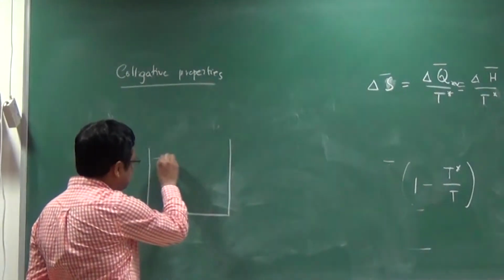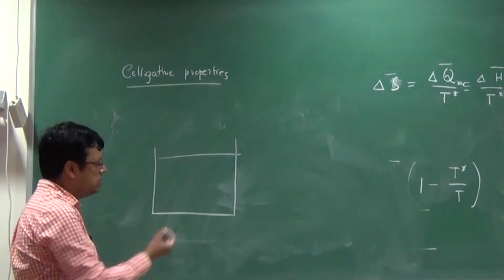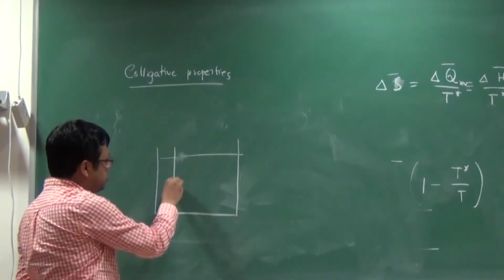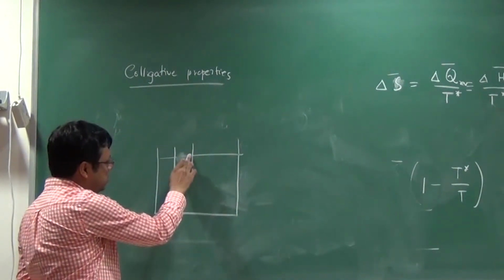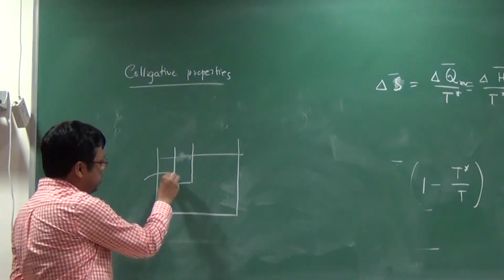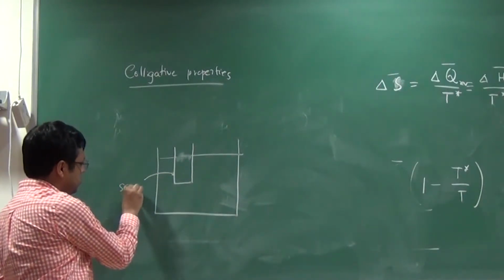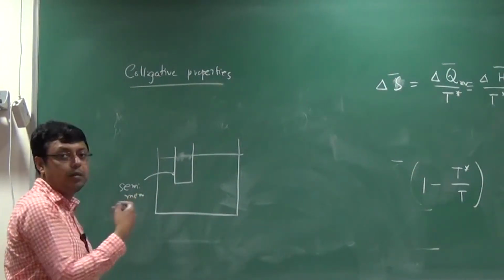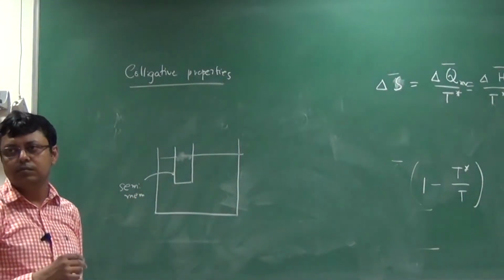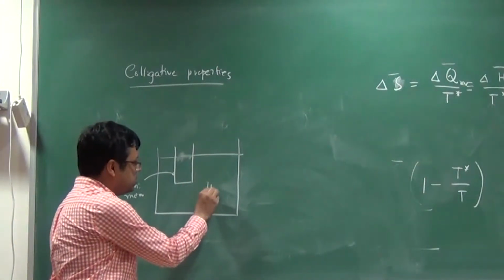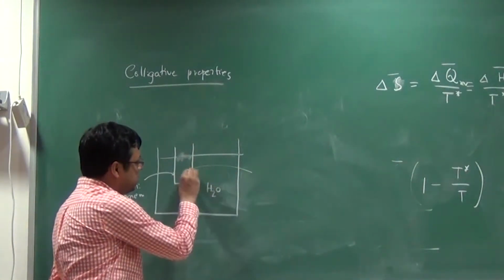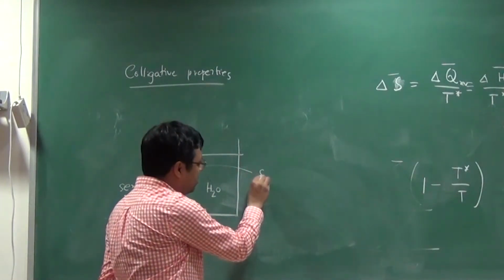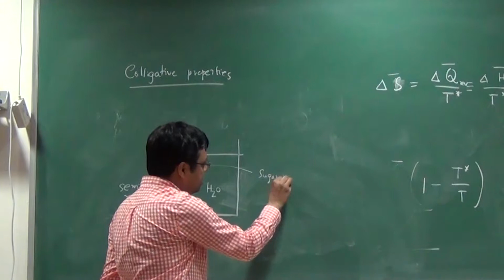Let's say I have water, and then I keep something made up of a semi-permeable membrane. Semi-permeable with respect to what? Let's say water. So I have water here, and here, the classic example, I have a sugar solution. Sugar or salt doesn't matter. Let's say sugar plus water.